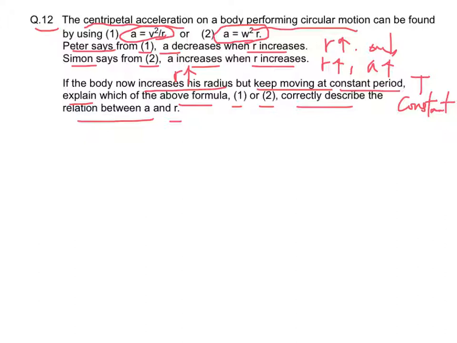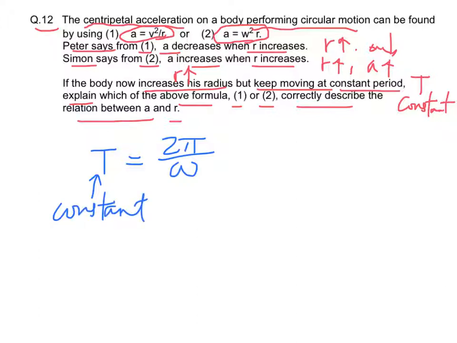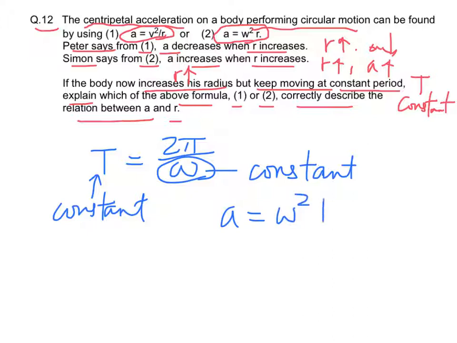By definition, the period of circular motion equals 2 pi over omega. If the period is constant, then the angular speed omega must also be constant. By the second equation, we have a equals omega squared r.